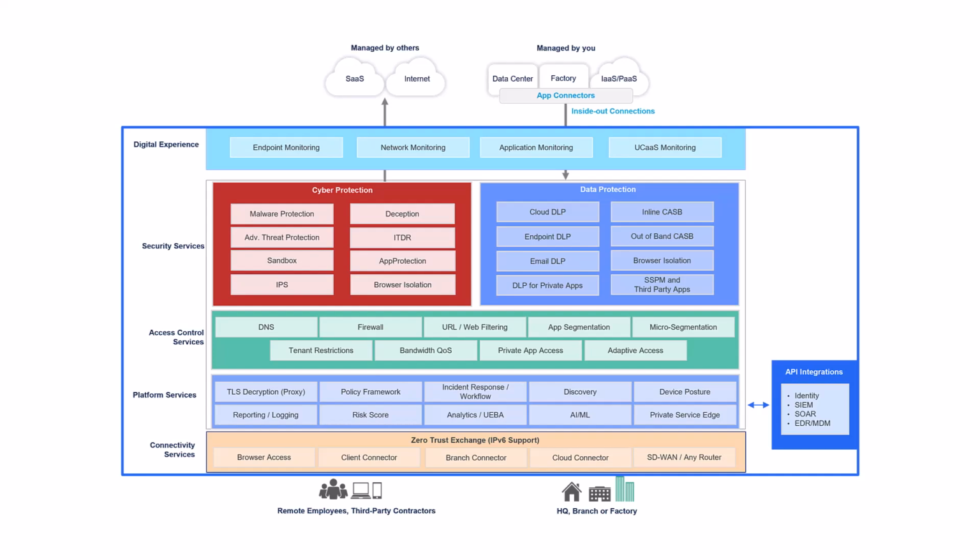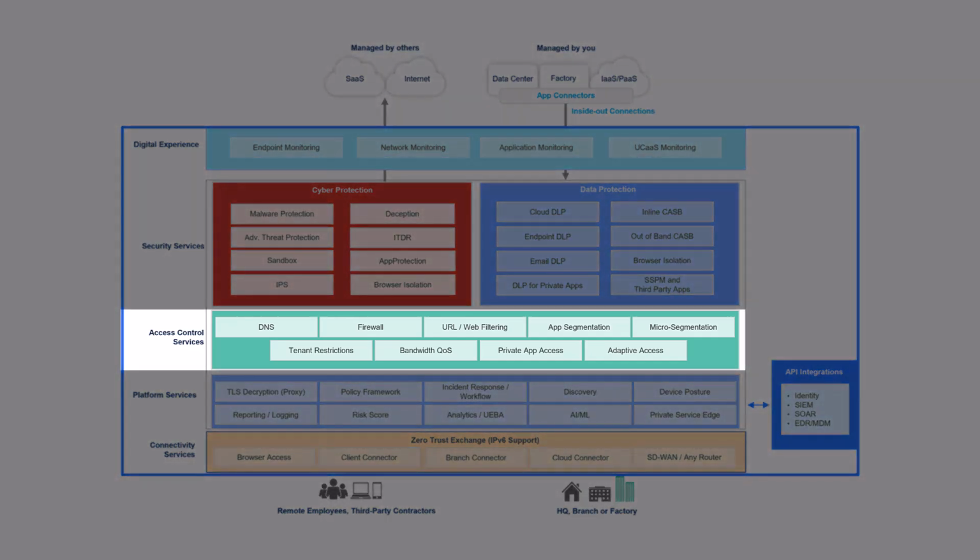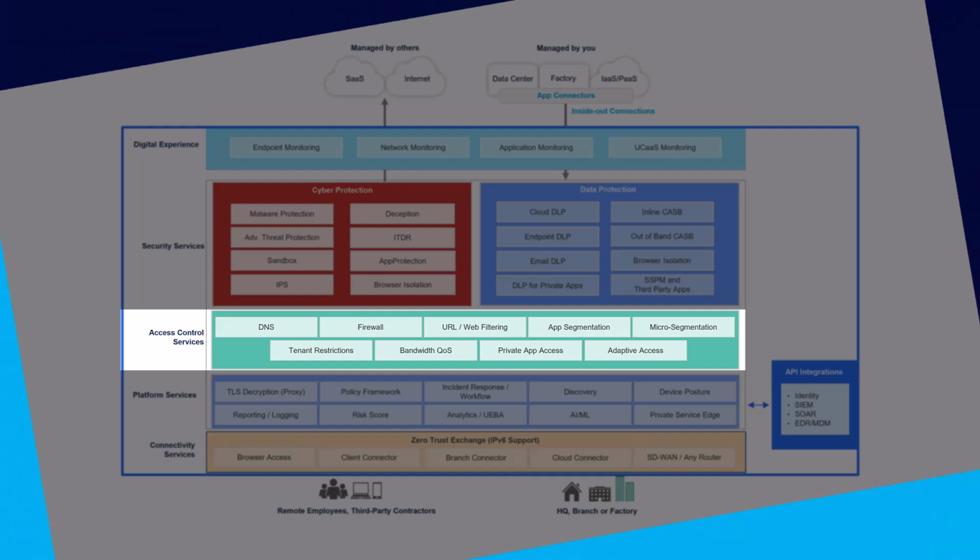As I mentioned earlier, in this section my focus is going to be on how our customers can leverage the features, products, and capabilities we have built within the access control services, including DNS, firewall, URL filtering, app segmentation, tenancy restrictions, managing the bandwidth from sites, private application access, and more importantly, how we could make this access control more adaptive and dynamic based on user risk, device posture, and other more granular criteria to prevent and protect against any form of threats happening or moving within the enterprise.